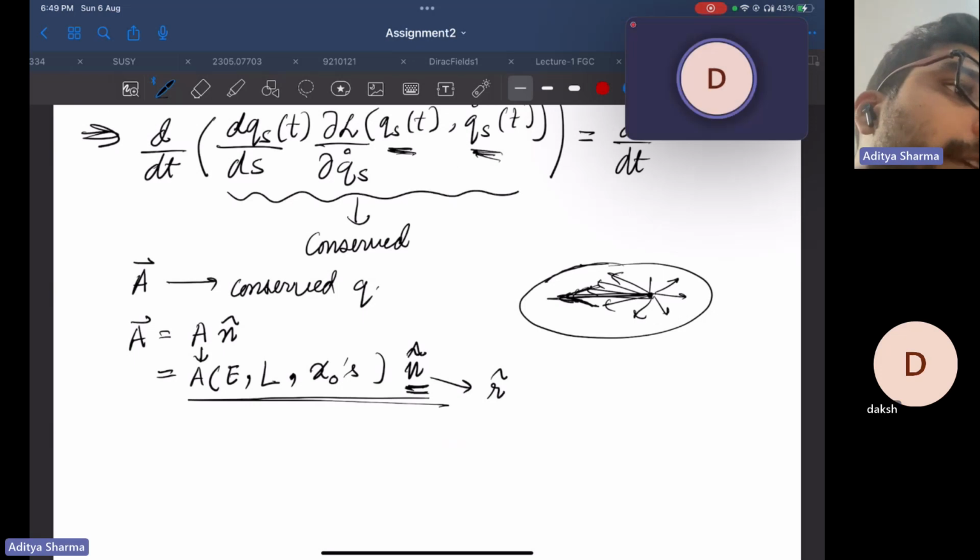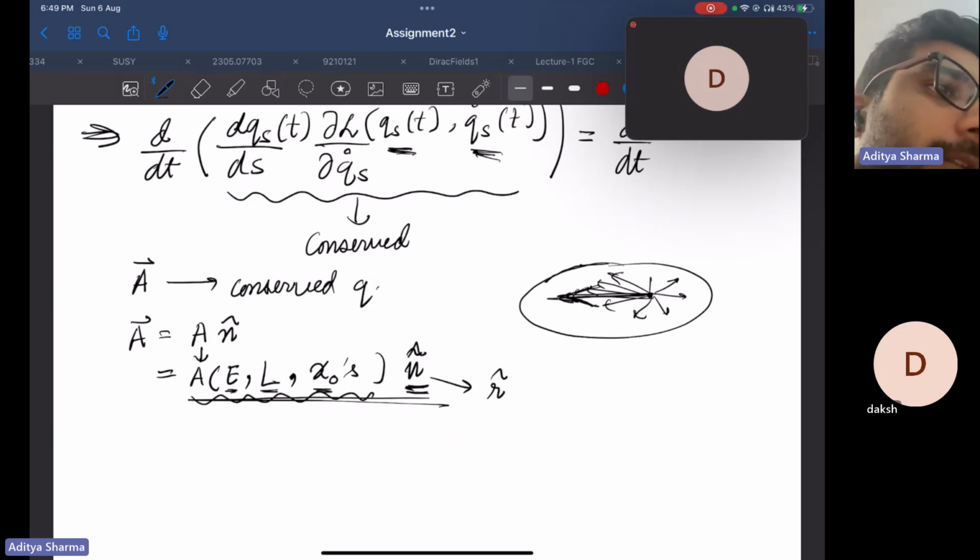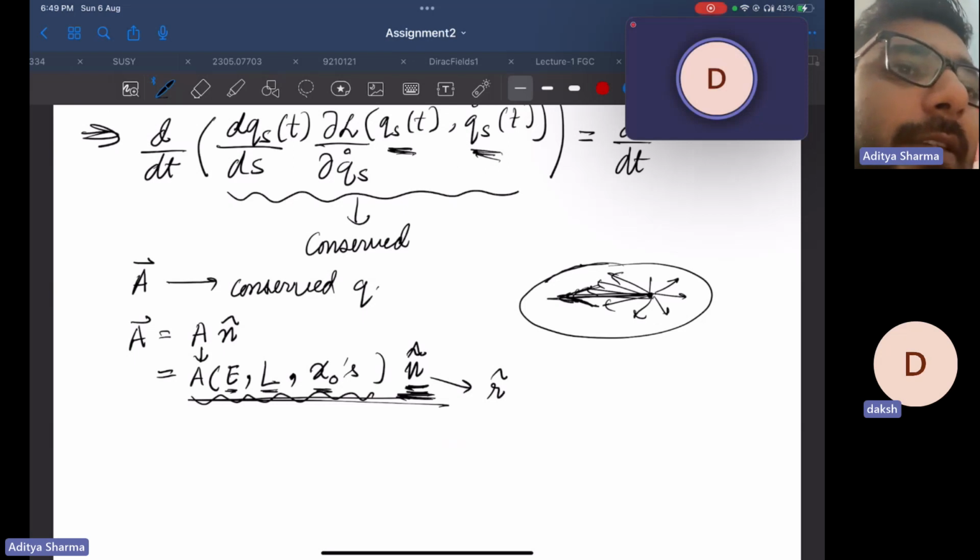So he wants to say that this already has conserved quantities inside it. There's nothing new there. The new information is here in n cap, because this is a vector which is just towards one direction only.